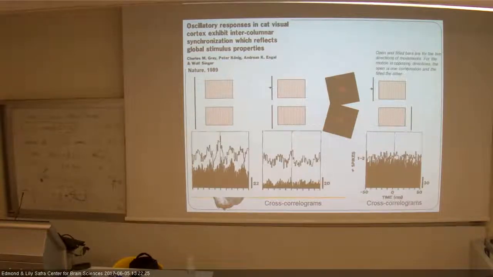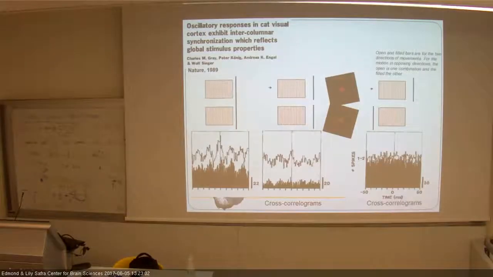And it was even more intriguing that when they broke the line, and they were two independent lines, and they moved them across these two receptive fields, they also got this nice cross correlation. But when they took these two lines and moved them one in one direction and the other in the opposite direction, so that it doesn't look like it's one line crossing the two receptive fields, this correlation broke down. Okay?